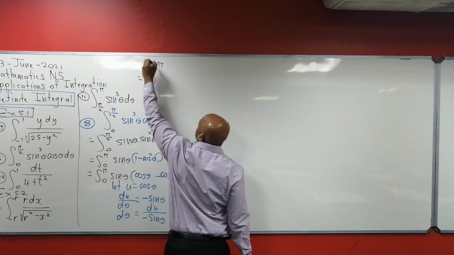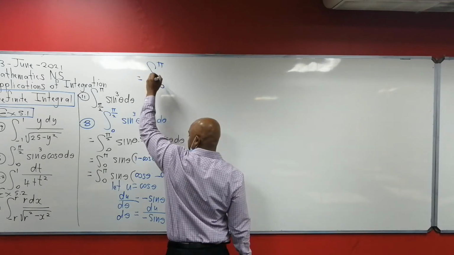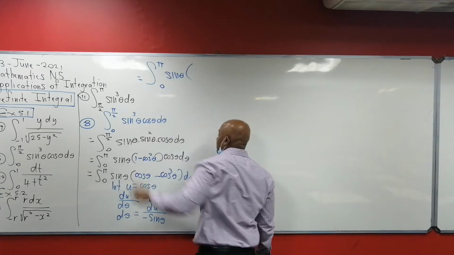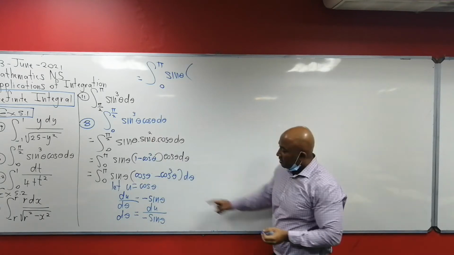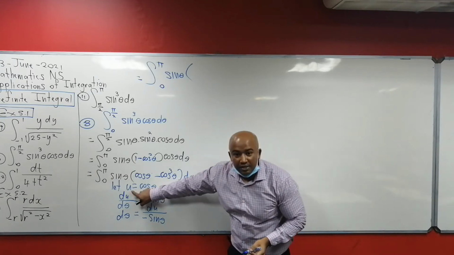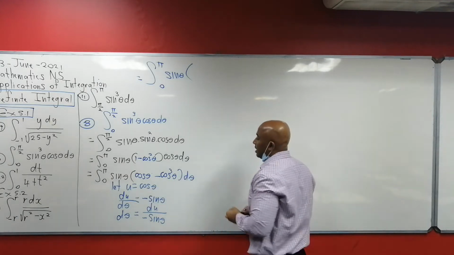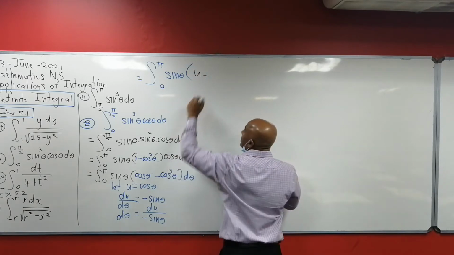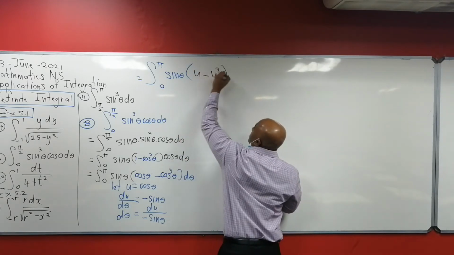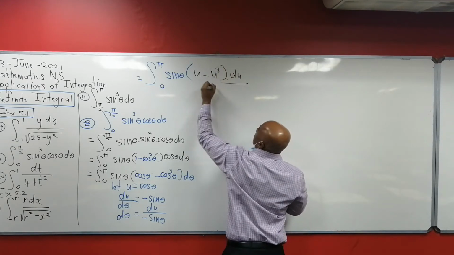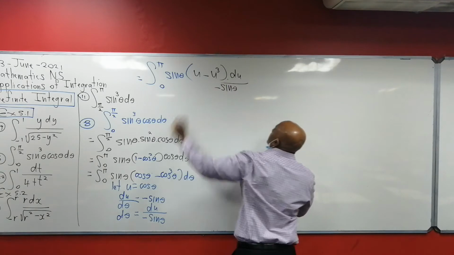Right, so now this is going to equal to the integral. You got your pi 0, then I have sine theta there, then I got cos theta. So there's cos theta, I'm substituting into this. Cos theta is now u, so that becomes u minus cos theta to the power 3, so that's going to be u to the power 3, and d theta is equal to du divided by minus sine theta.